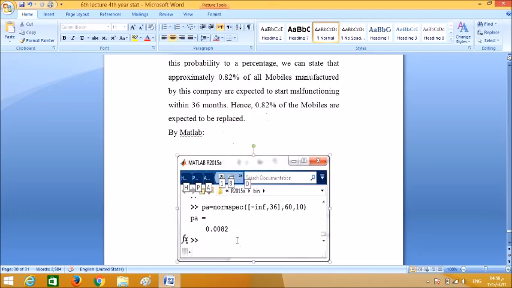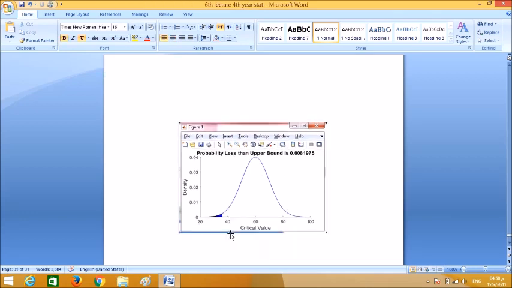By MATLAB, put the limits from minus infinity to 36. This probability is equal to 8%. Okay, like this.